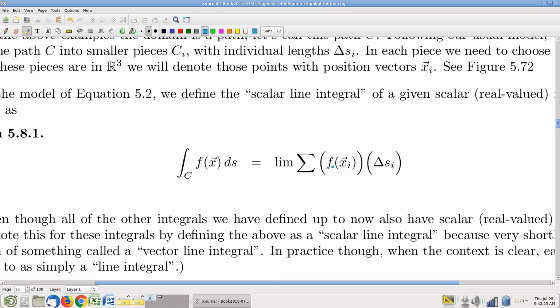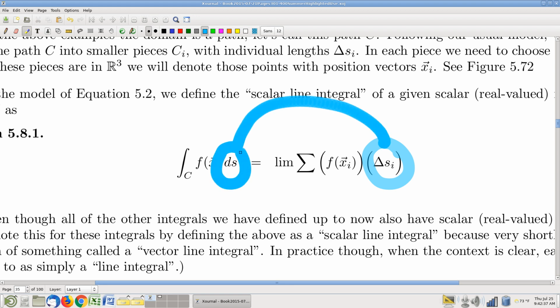Okay, notation. Again, we're going to rip off notation that we've used in the past. In this Riemann sum, we're multiplying by little pieces of length, delta S, and we're going to abbreviate that exactly as you would guess, ds. Now, I emphasize that is not dx or dy or dz. So how to compute this is a whole separate question. We'll get to how to compute it in a moment.